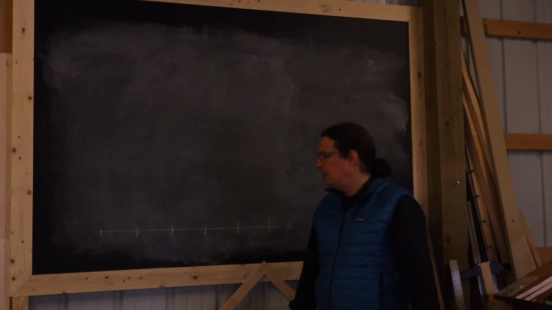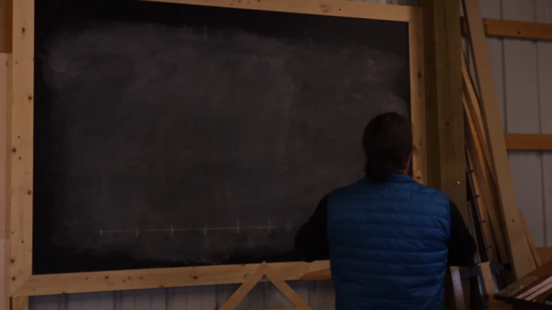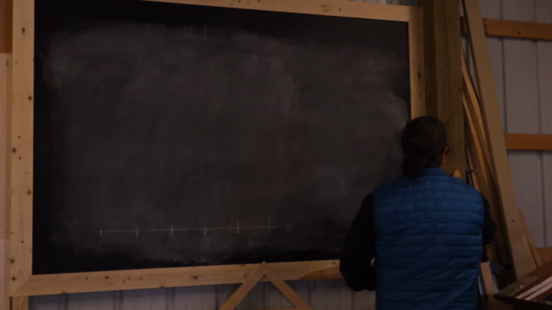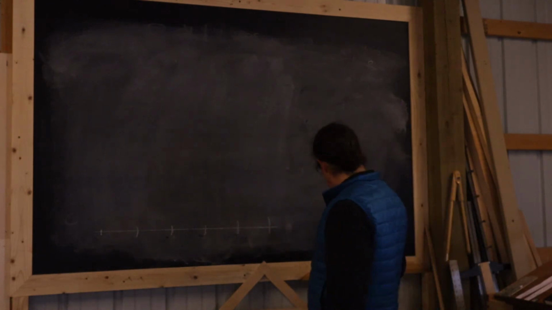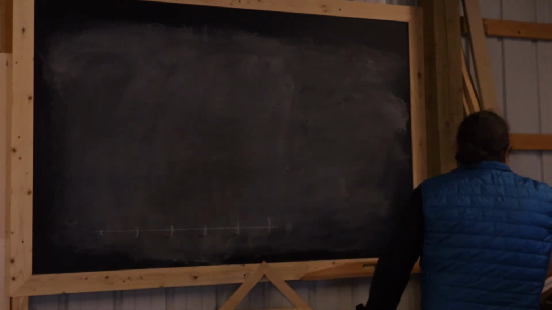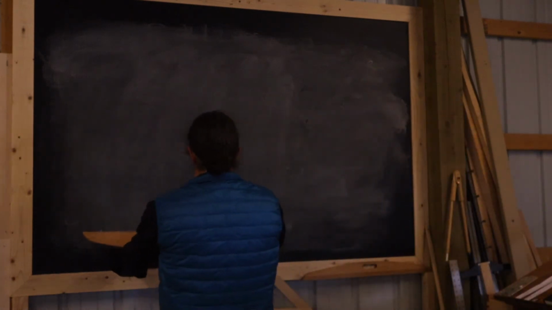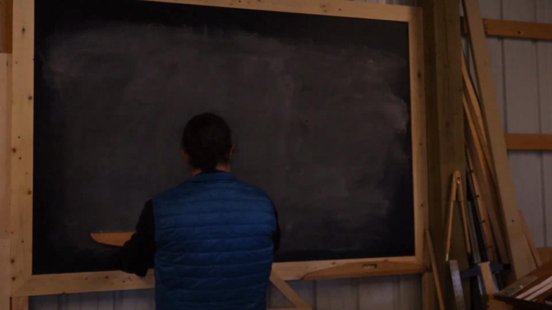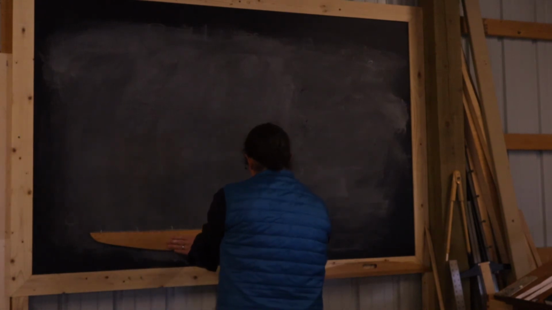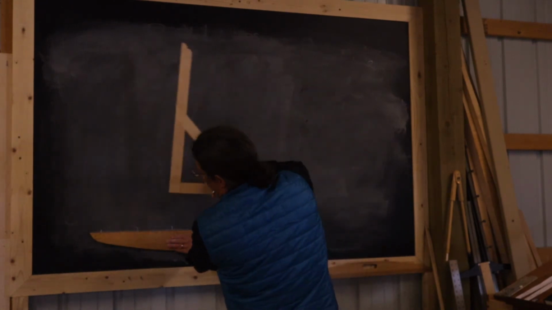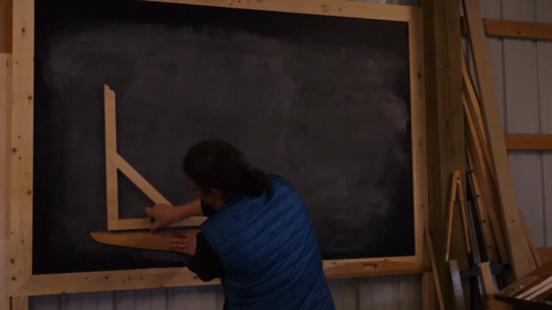We'll erase that eventually. Now I'm going to put my compass away and preserve its setting. Then I'm going to take my straight edge and line it up with the baseline again, and essentially follow the steps we took with the square.